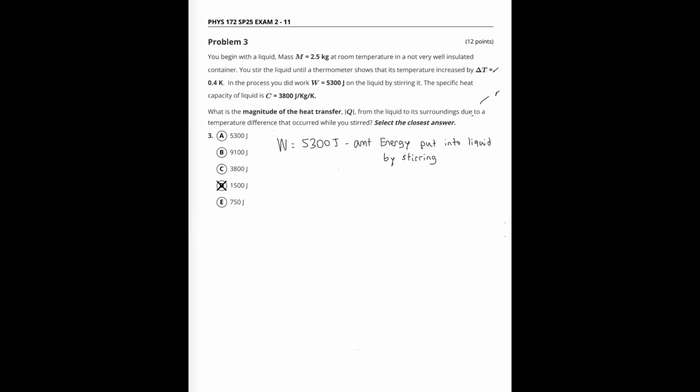We also have Q, in this case, which will be the energy that is actually absorbed by the liquid.